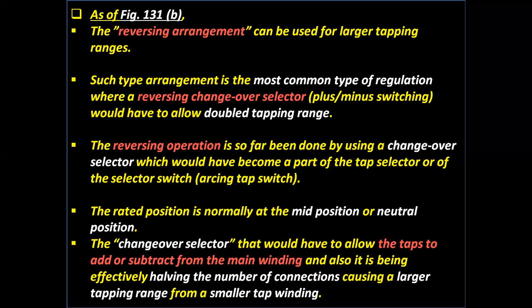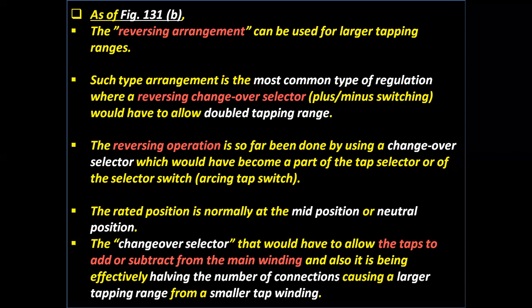The changeover selector allows the taps to add or subtract from the main winding, and it effectively halves the number of connections, giving a larger tapping range from a smaller tap winding.